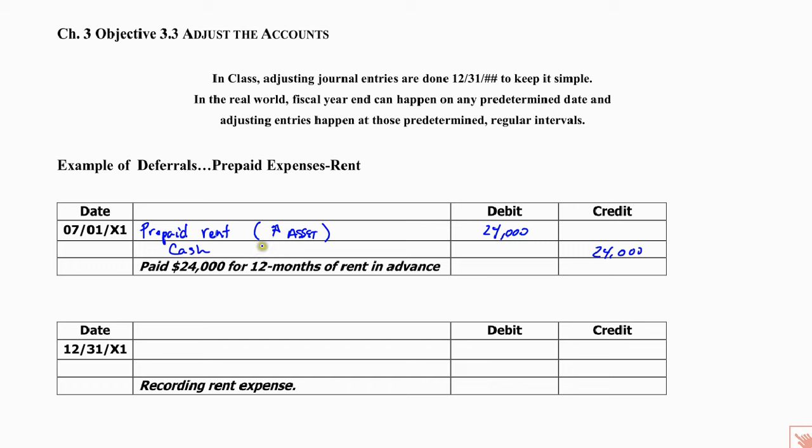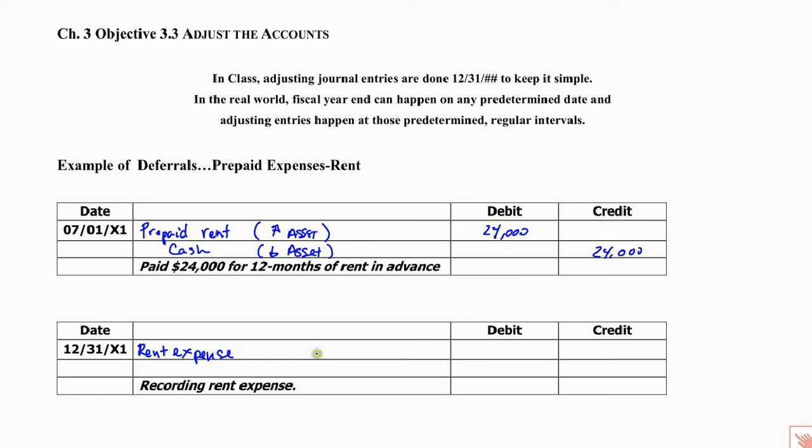So there is some logic to that. And we're crediting cash here, so we're decreasing the asset. Just trying to remind you of what you learned in chapter 2, so you can do this transaction analysis. Okay, we're going to record rent expense. Expenses are normal debits. So remember, in journal entries, debits first, rent expense.